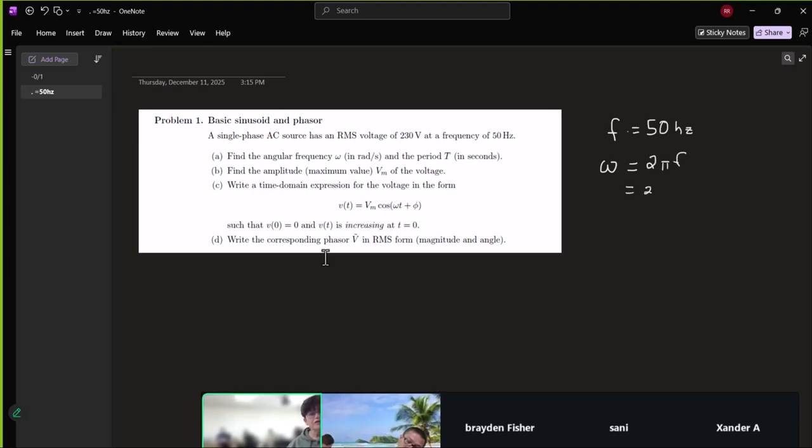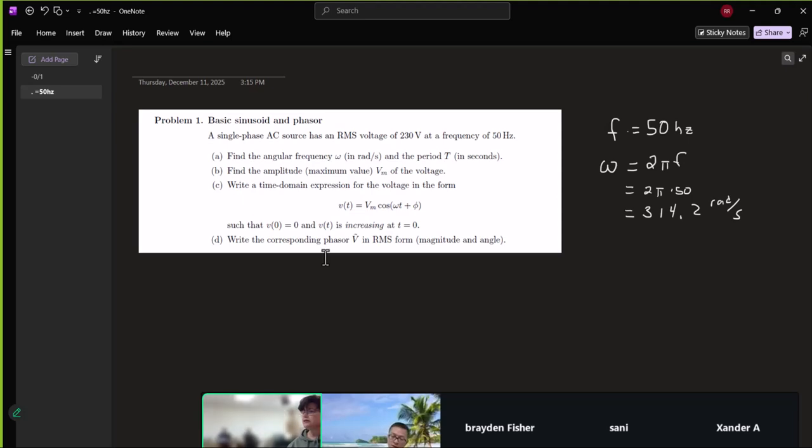So it'd be 2 pi times 50, and that's going to be in radians per second. You can check my math because I can't guarantee that it's right, but it's 314.2 radians per second. So that is the angular frequency, or omega.